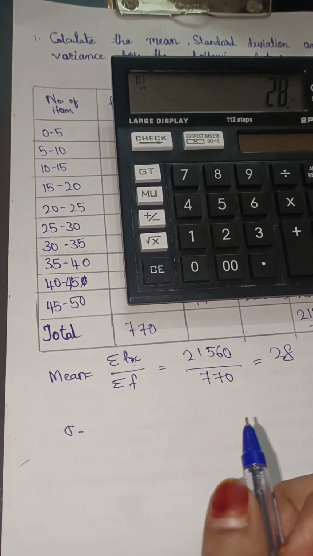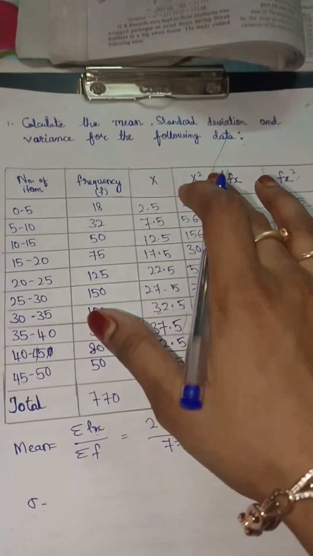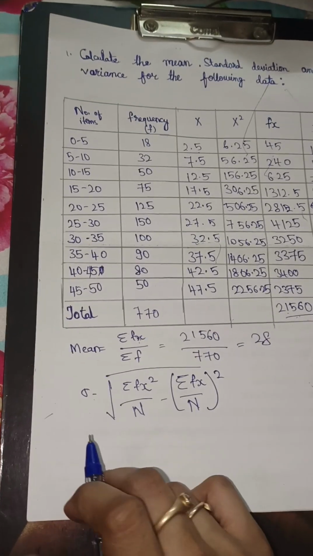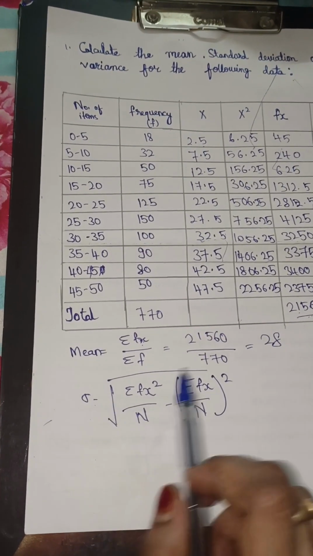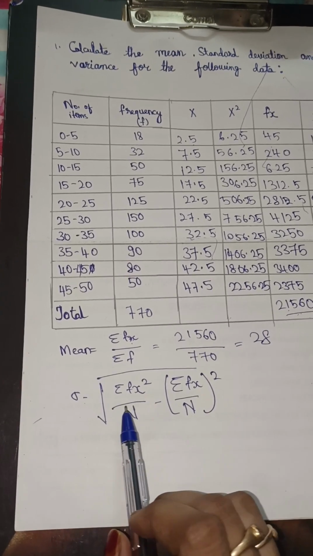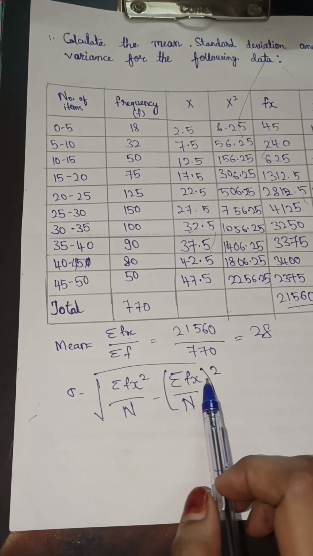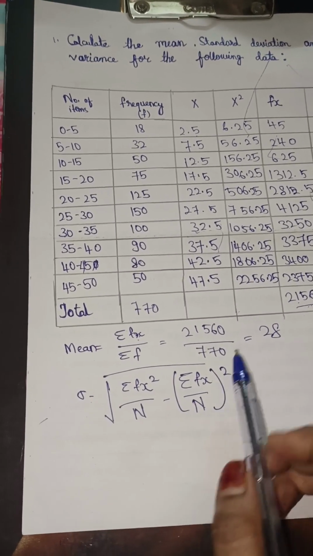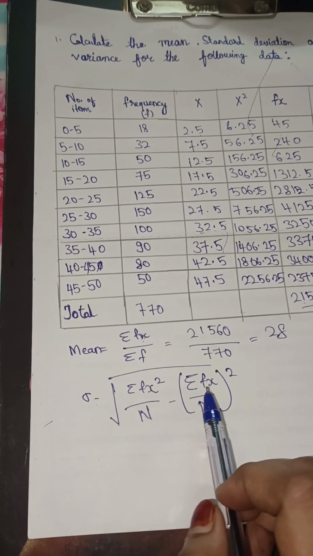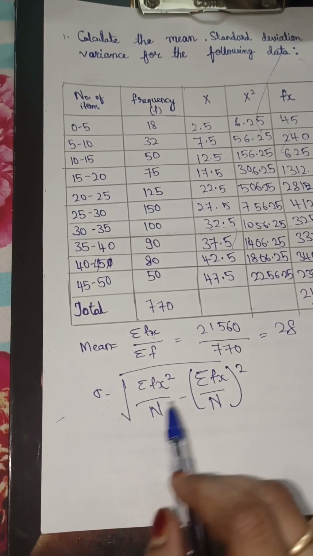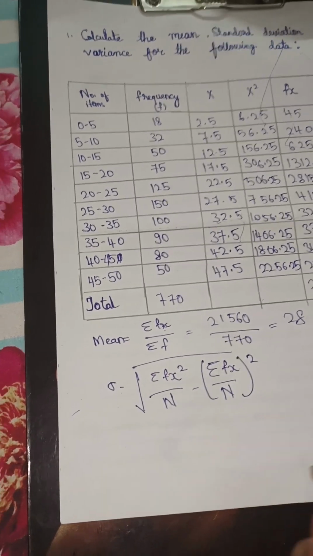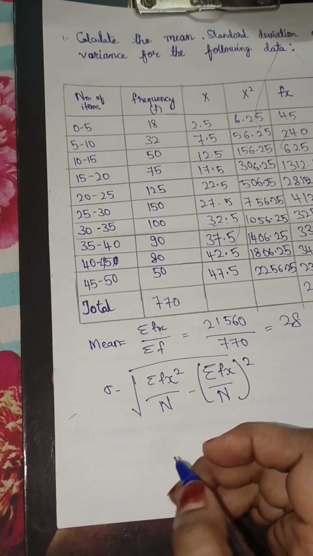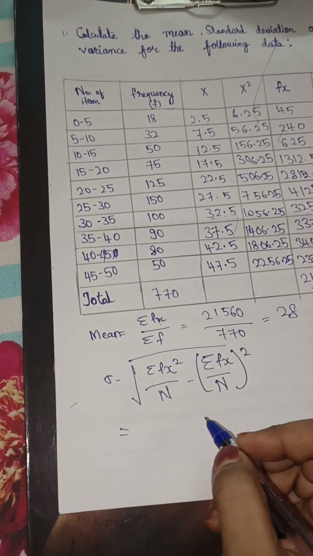Okay, so the next thing we have to find out is the standard deviation. So the formula for standard deviation is the root of sigma fx square divided by n minus sigma fx divided by n whole square. So here is the formula for the standard deviation. Please memorize it. Okay, so let's get further and let's solve standard deviation.